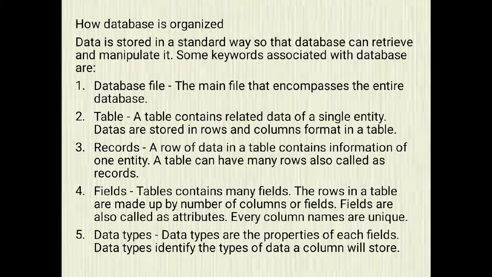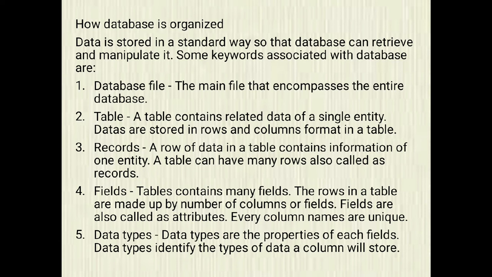In the case of a student, the table will contain details about many students, like their roll number, their name, their marks. Data are stored in rows and column format in a table, so a table is a two-dimensional representation of the data.